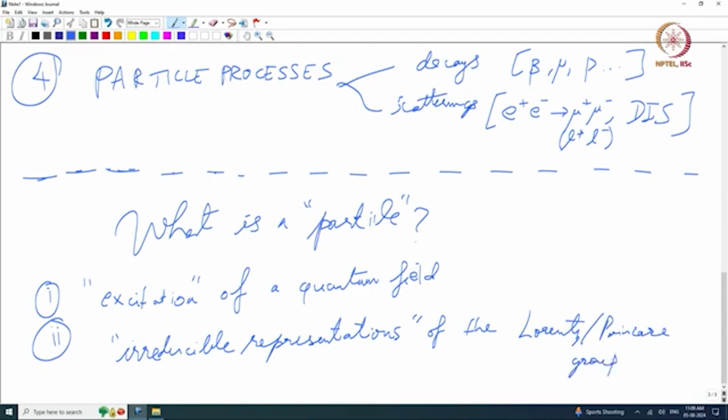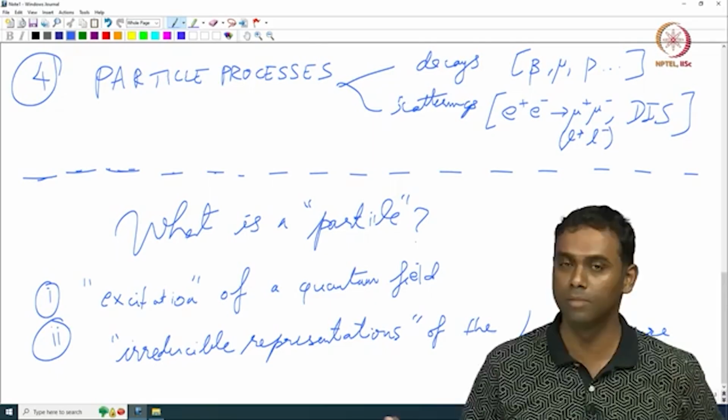Okay, you are probably familiar with the Lorentz group or even the Poincaré group from special relativity, but you may not know what irreducible representations mean. That is a group theoretical concept, and this also we are going to encounter in great detail, okay, not to worry. So this is how we are going to use the word particle in this course.